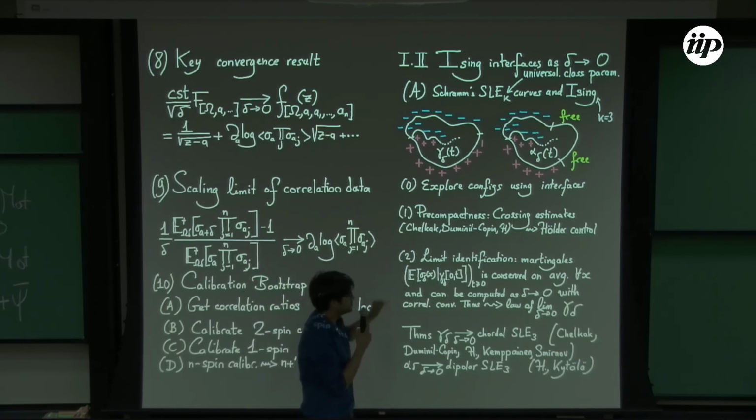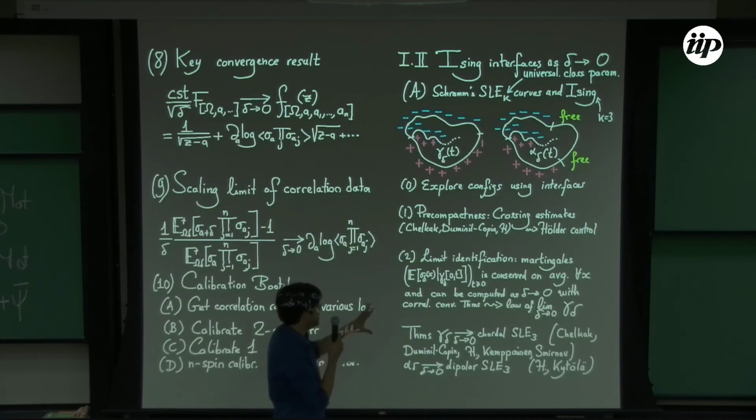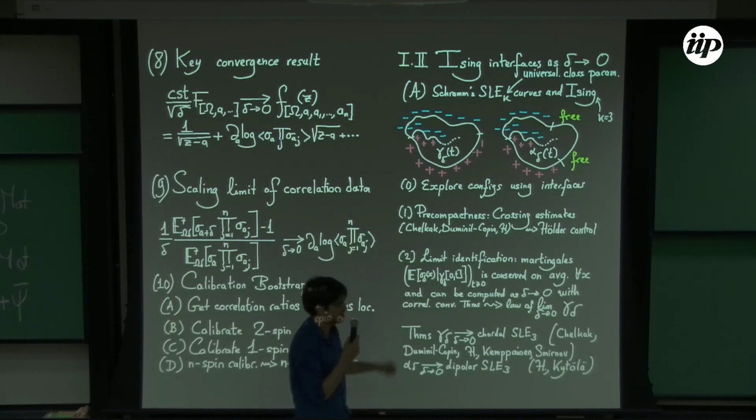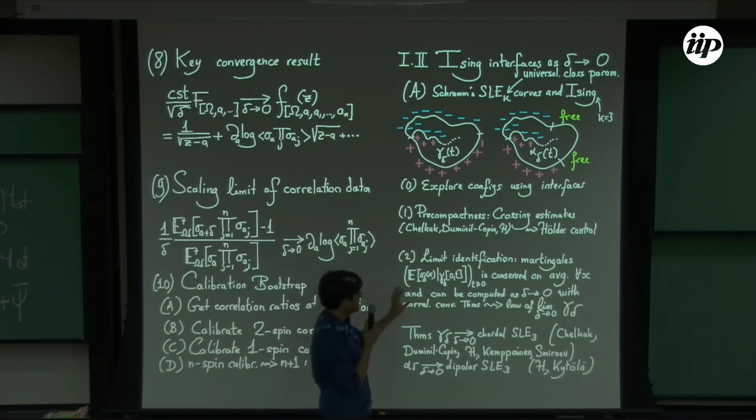The second step, which is more interesting to physicists, probably, is how you get, from knowing that your curve is not too crazy, to knowing precisely that it is an SLE3. The technique relies on something called a martingale identification trick, which was popularized by Smirnov, but it's a tool in stochastic analysis.